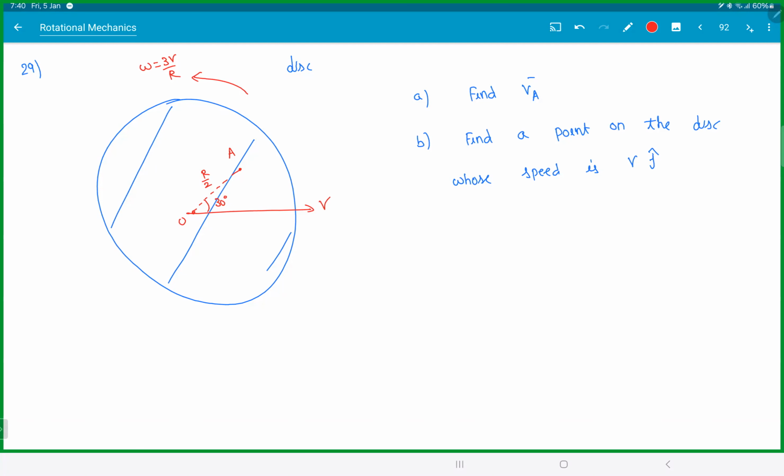V by 4, 3 root 3 V by 4 j cap. R root 2 by 3, comma 5 by 4. Which answer is that, Lakshika? Second part, okay? R root 2, R root 2. You went out of the disk.